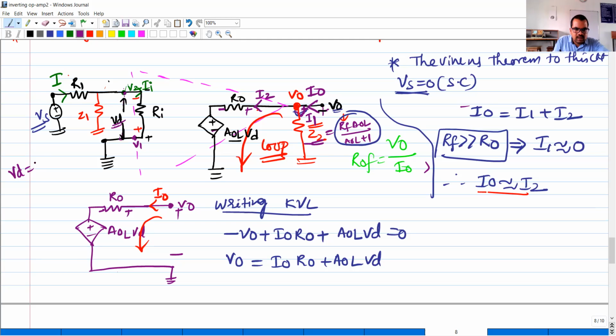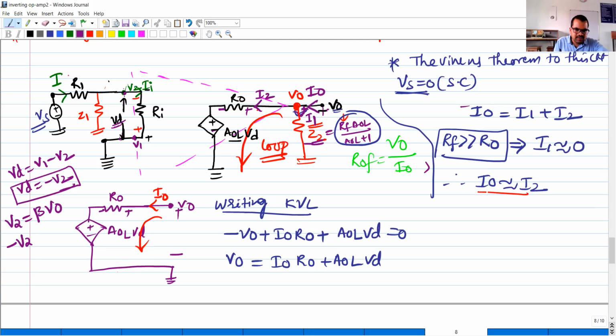VD is V1 minus V2, so VD is equal to minus V2. What is V2? V2 is equal to beta times V0.